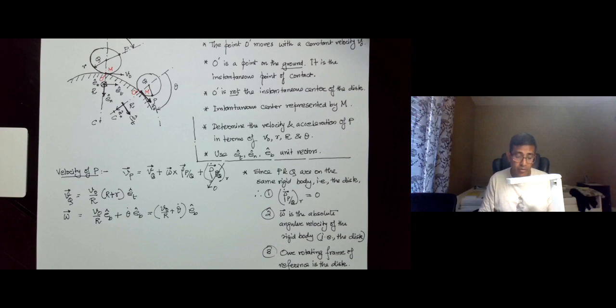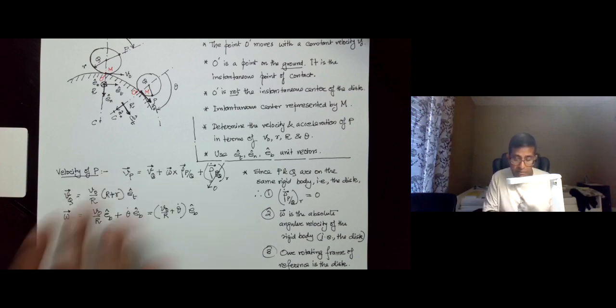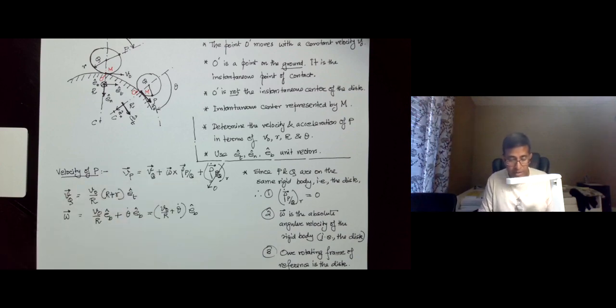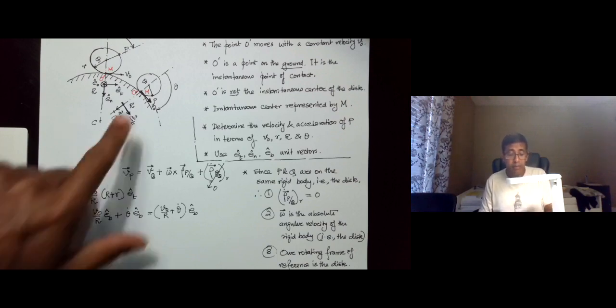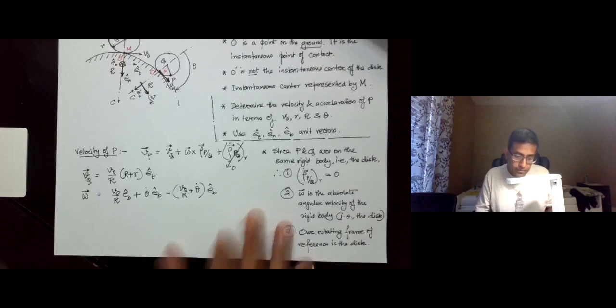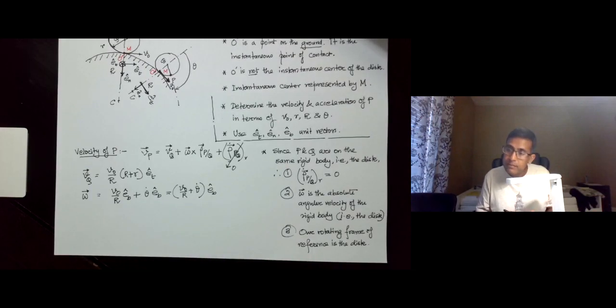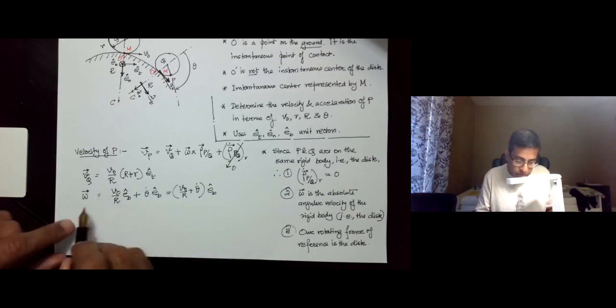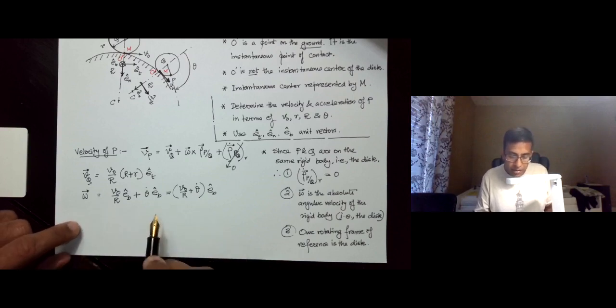So we need to figure out theta dot in terms of the other parameters, such as V naught, capital R and small r, so that the disk is rolling without slipping, that is, the point M has zero velocity. So let's find out what theta dot is.